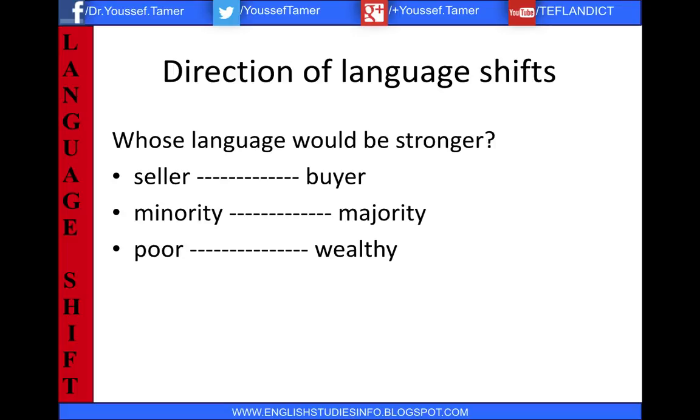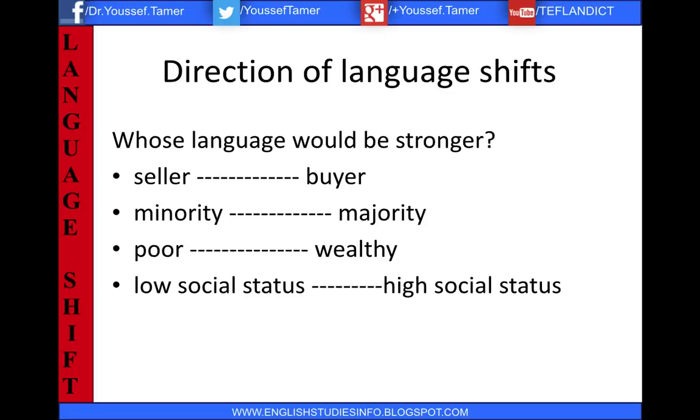All this is related to French, okay, and English, etc. Low social class or status to high social status. Also we have the ruled versus the ruler. So whose language would be stronger? These are some directions that we can witness in relation to language shift. And we are starting to talk about the detailed reasons for why we can have language shift.